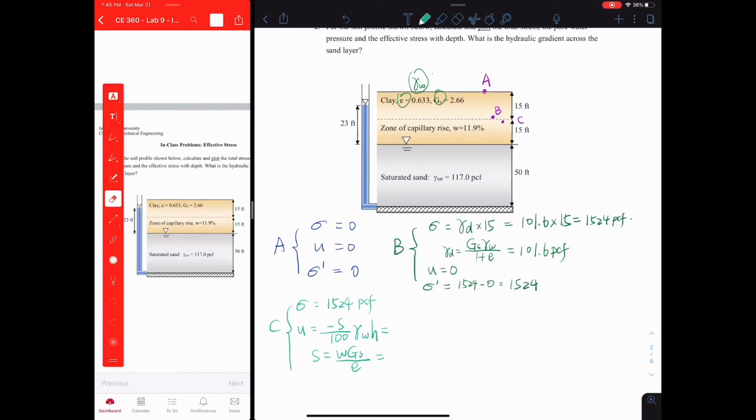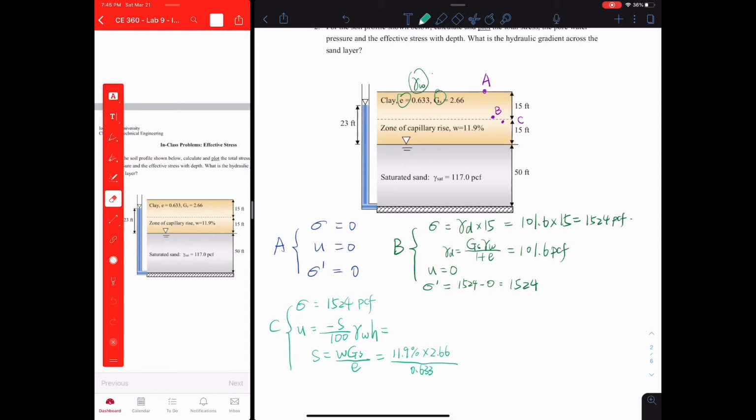The water content is 11.9%, and the Gs is given here, the same as the first layer, 2.66, and the e is the same as the first layer, equal to 0.677.